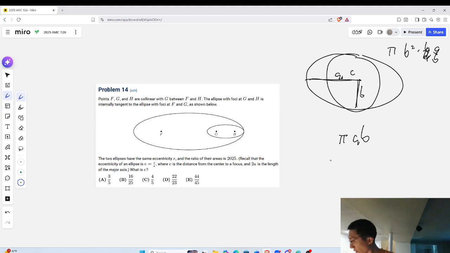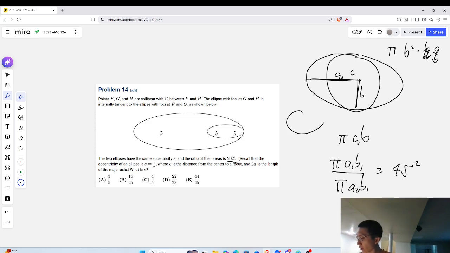So if the ratio of the first ellipse to the second ellipse is 45 squared, since 2025 is 45 squared, then because the ellipses are similar, A over A1 is just 45.